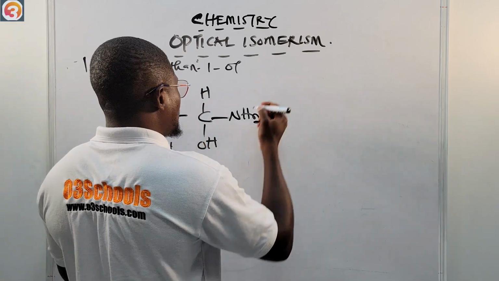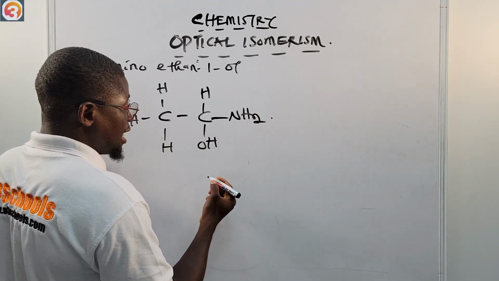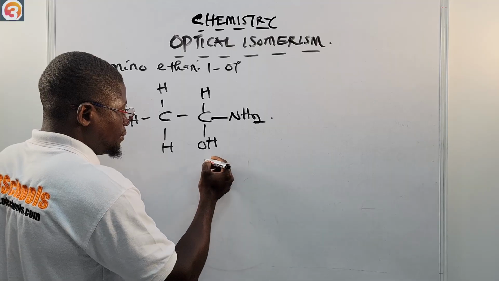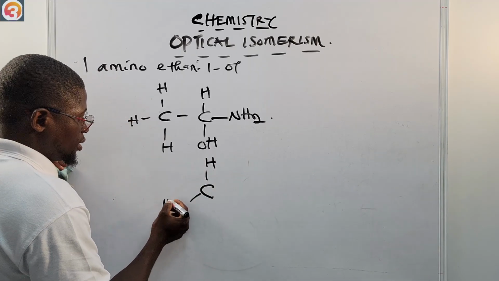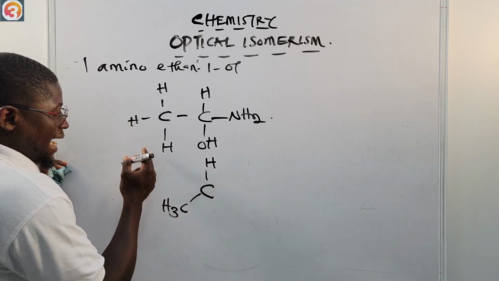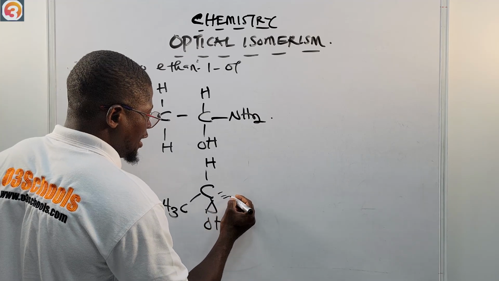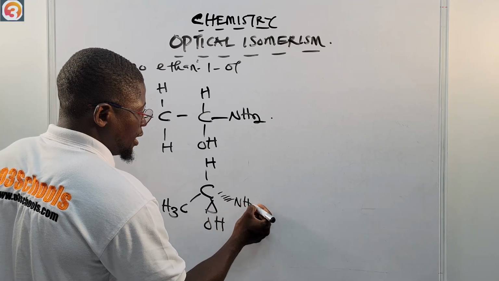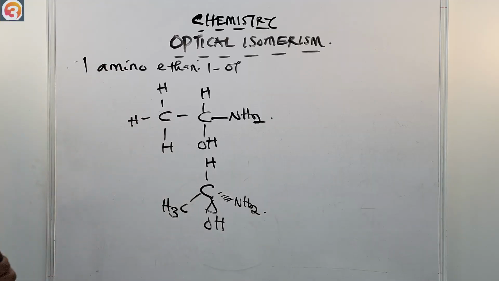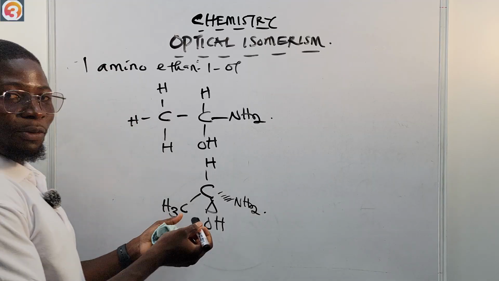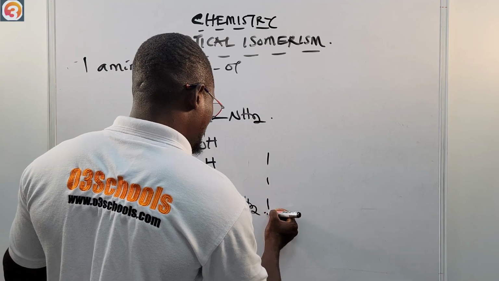Now, if we draw that in tetrahedral form, we have our C bonded to hydrogen, a methyl group, our OH group, and our NH2. Very simple as ABC. Now we can draw the mirror image.